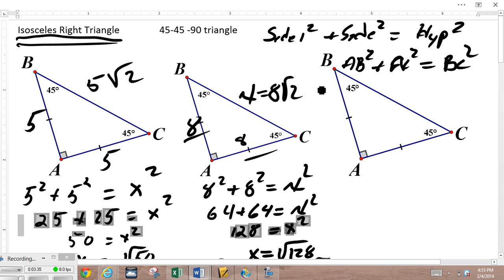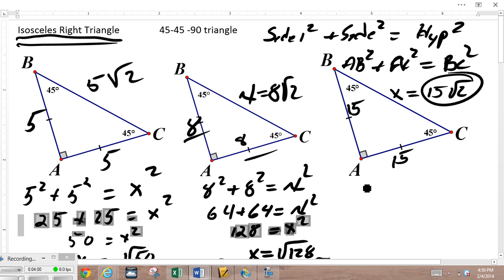Let's try something. Let me just allege that this side here, AC, is 15. We already know this is 15, but I bet you the hypotenuse is going to be 15 root 2. Okay, let's see. We're just going to make a hypothesis about that.